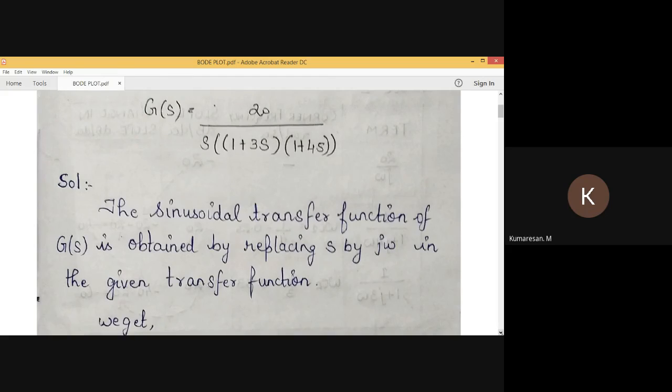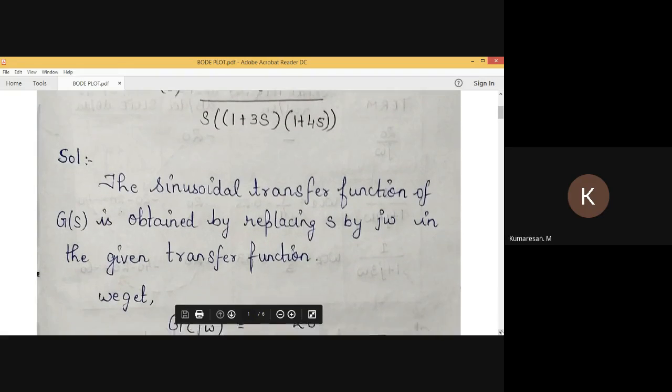The normal transfer function in the frequency domain, now we change into the sinusoidal system. Sinusoidal means having both real and imaginary parts, so it is called J omega. So we have to replace S by J omega.